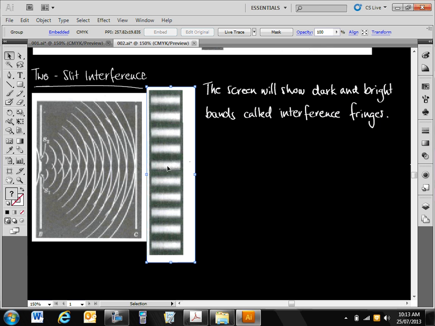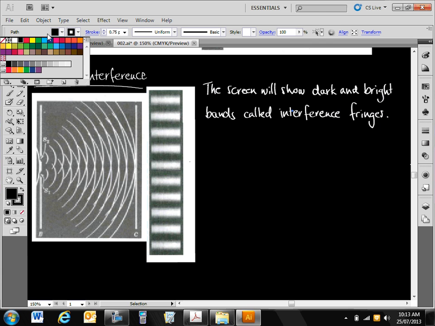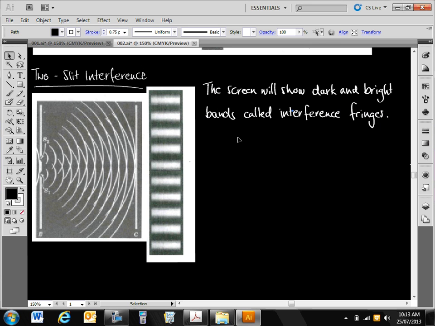This is the central bright band. Here we call this the first order maximum, the second order maximum. I might label those here. We'll start taking some notes now. Central maximum.